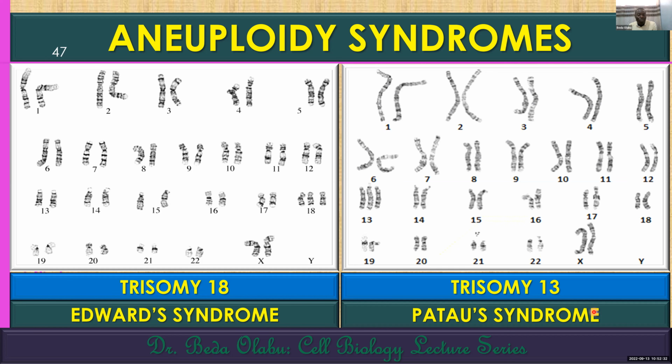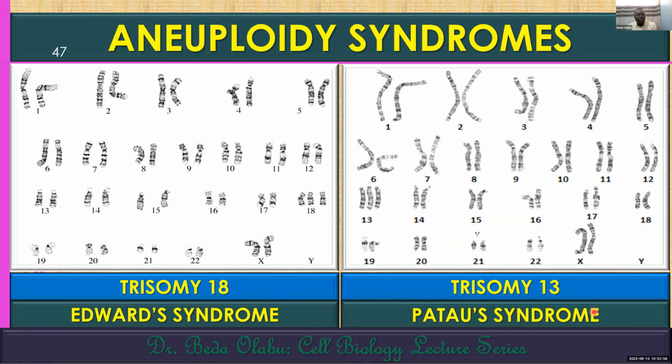So those are the most common aneuploidy syndromes. However, Edwards and Patau are not so compatible with longevity. So the children die at an early age. Down syndrome can live for some time, but Edwards and Patau, they die at an early age.